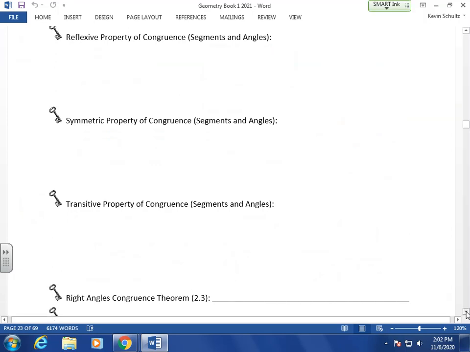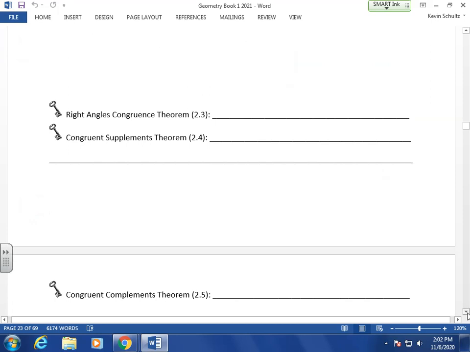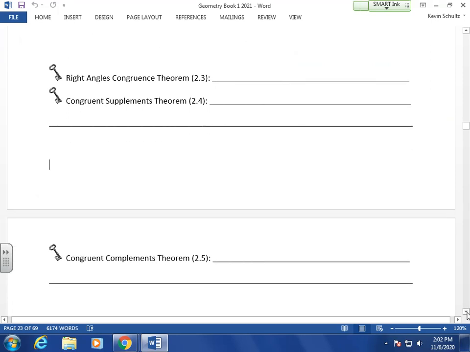Next one, what do we got here? The right angles congruence theorem, which can abbreviate to be the RACT, the R-A-C-T. Here's a pro high school tip. If you want to be part of the cool group, you would call this the RACT. You know, walking to math class, first day, hey, you heard of the RACT?